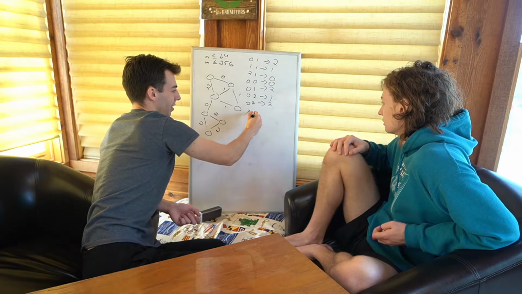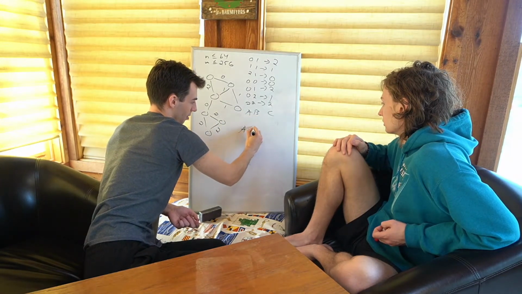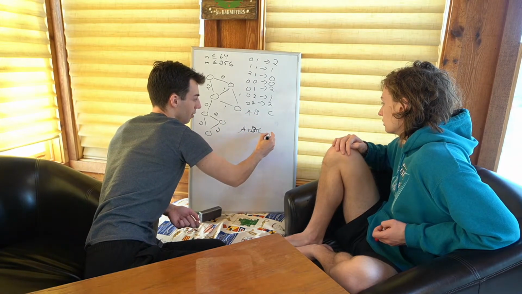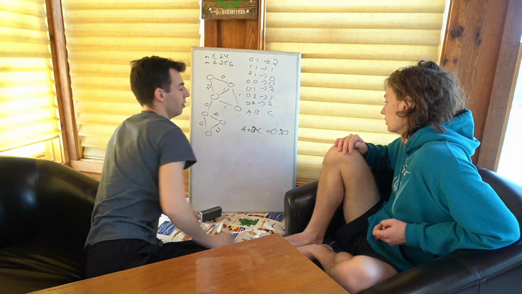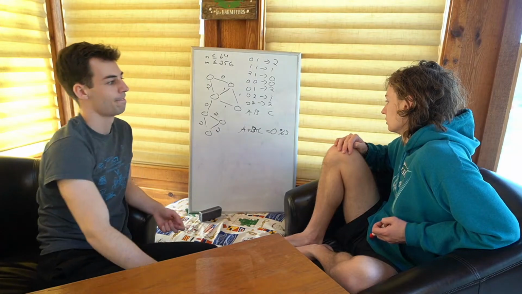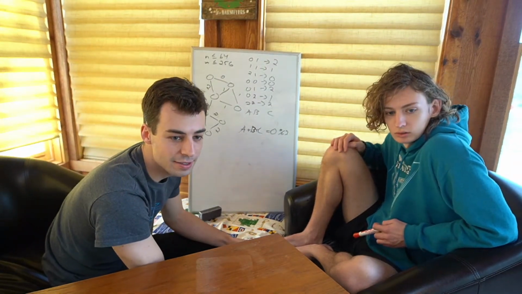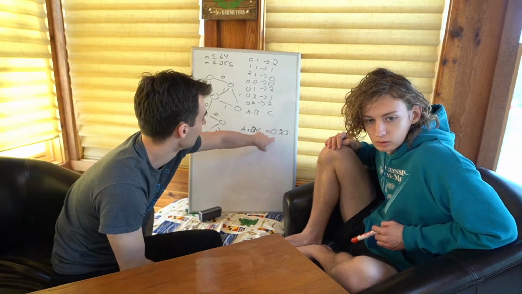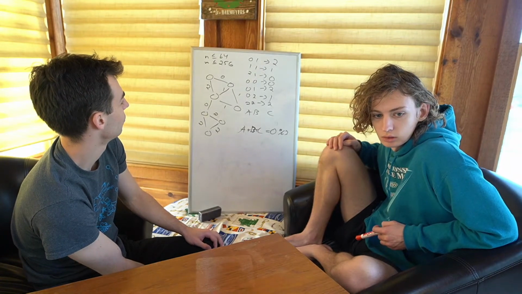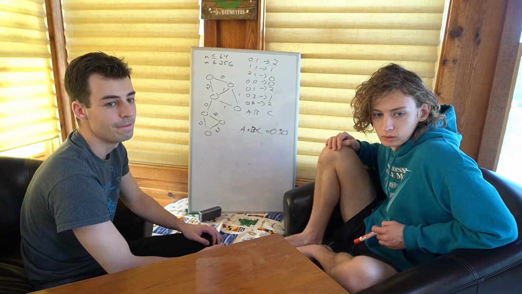So if you call these A, B, and C, A plus B plus C is equal to 0 modulo 3. So that's the pattern. So there's your answer. So what do we do with that?